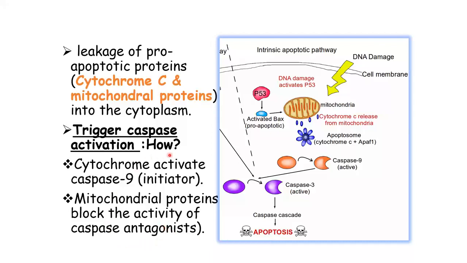Remember that cytochrome C escapes from the mitochondria together with other mitochondrial proteins. These mitochondrial proteins will block the activity of caspase antagonists present in the cytoplasm, which makes caspase free to be activated by the cytochrome C and continue the cascade of caspase activation, ending in apoptosis.